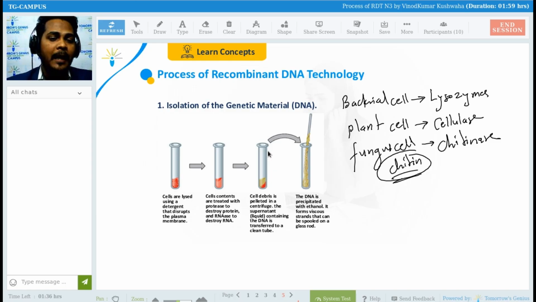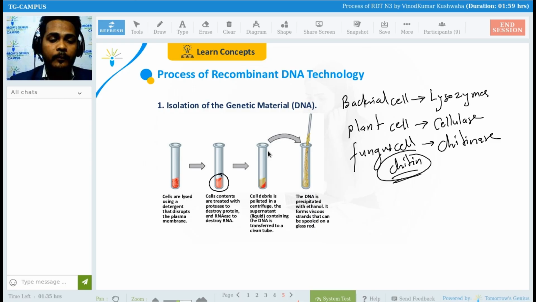Suppose you extracted the genetic material, but in that material there are a lot of proteins and other macromolecules.